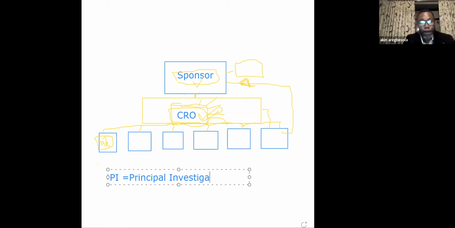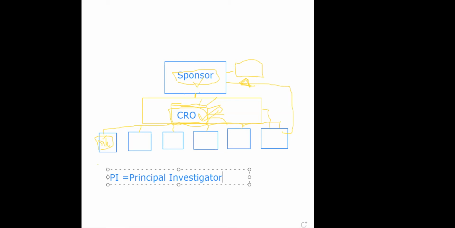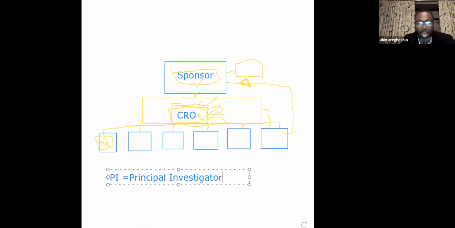So when you are speaking the language of CDM, you prefer to use PI rather than doctor, even though we know this is usually a doctor. The principal investigator would usually be the physician responsible to the sponsor. What is the physician really responsible for?